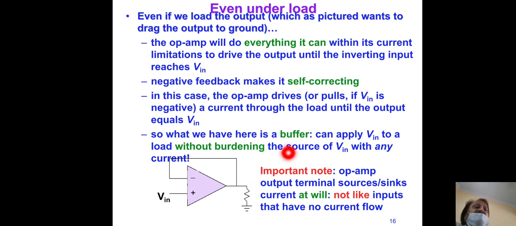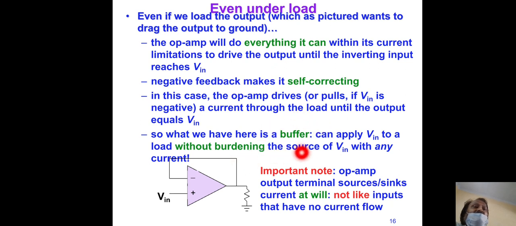So in this case, the op-amp drives or pulls current through the load, if the applied Vin is negative, until the output is equal to Vin. So this works as a buffer. It can apply Vin to a load without burdening the source of Vin with any current.